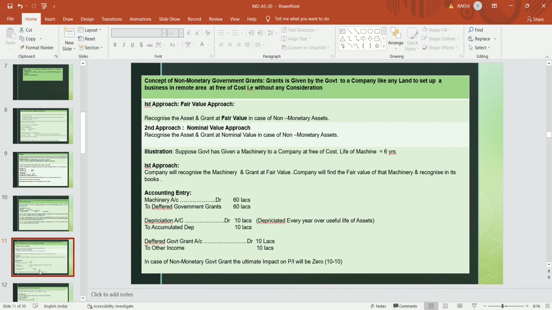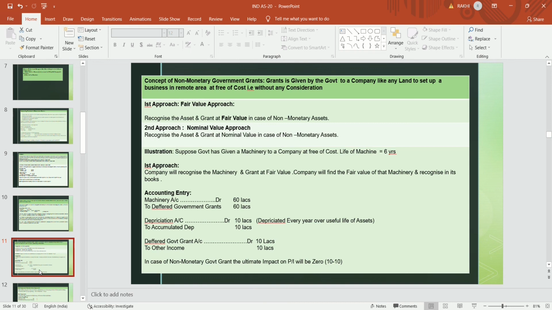Now, the concept of non-monetary grants. What is the concept of a non-monetary grant? It means that kind of grant which is given by the government to the company free of cost, without any consideration. Suppose the government has given land to set up a business in a remote area, free of cost, without any money consideration.